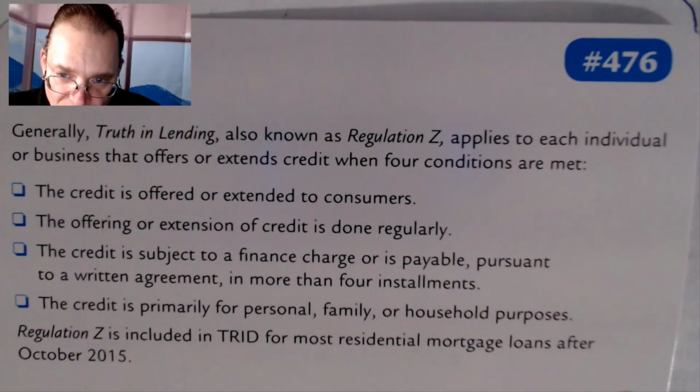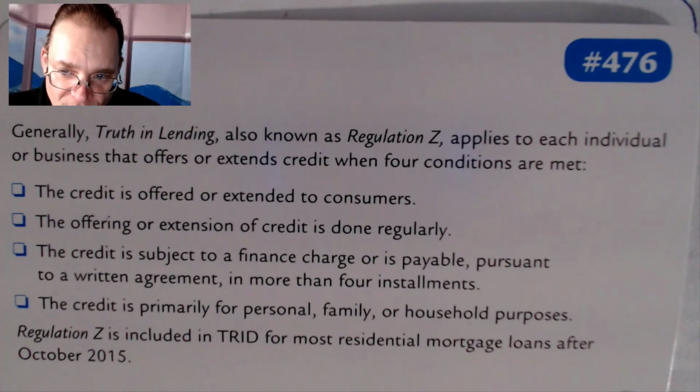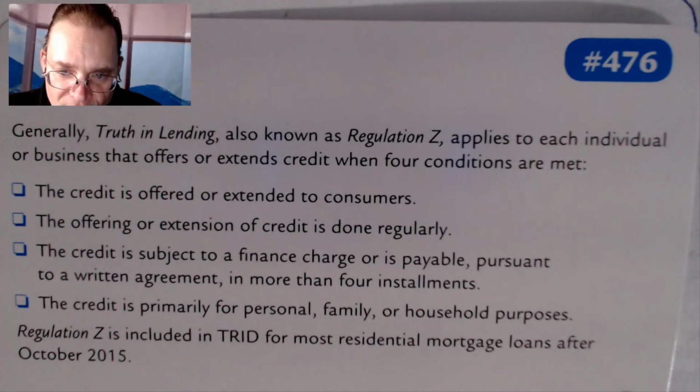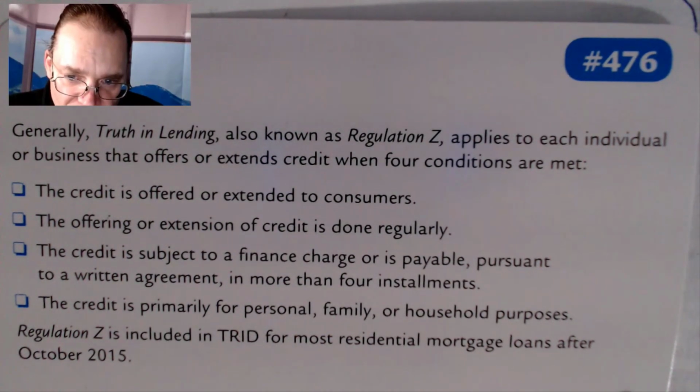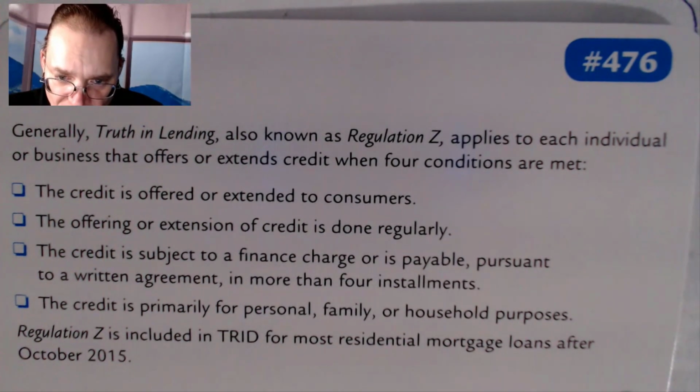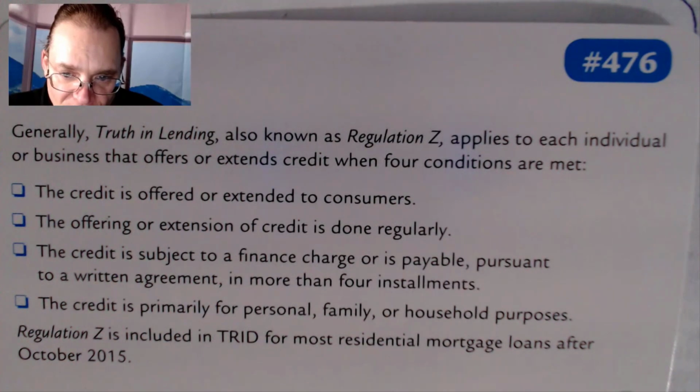The credit is offered or extended to consumers. The offering or extension of credit is done regularly. The credit is subject to a finance charge or is payable pursuant to a written agreement in more than 4 installments.